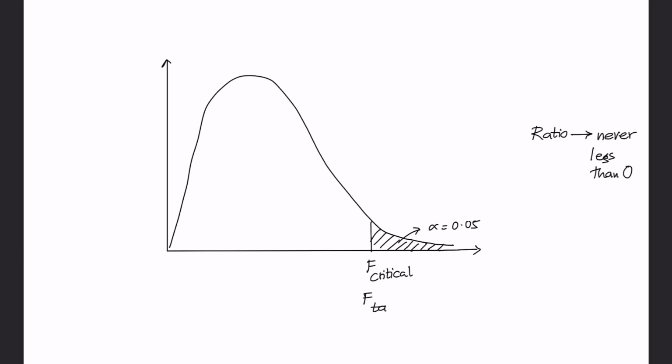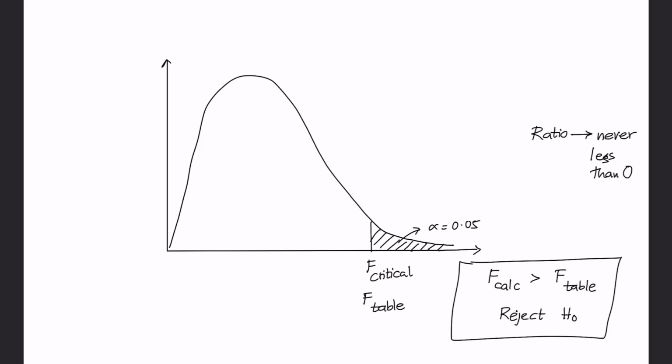Now if the value that we get, or the calculated value, is greater than the table value, we can reject H0, right? The other option would be, if the calculated value is less than the table value, then we can accept H0, right?